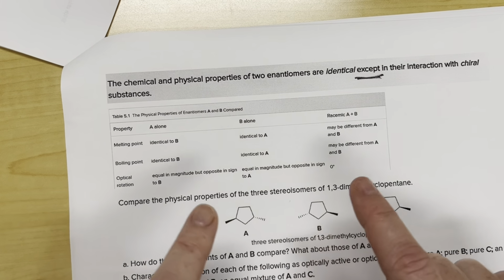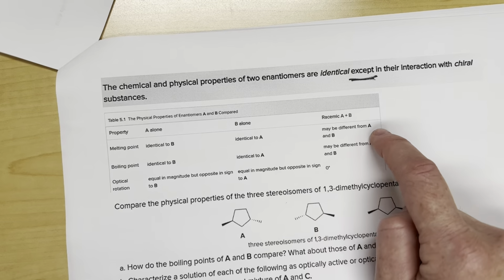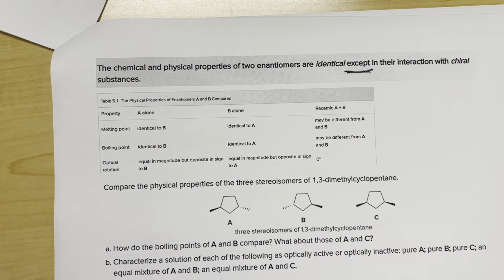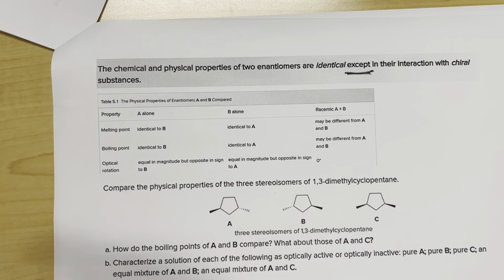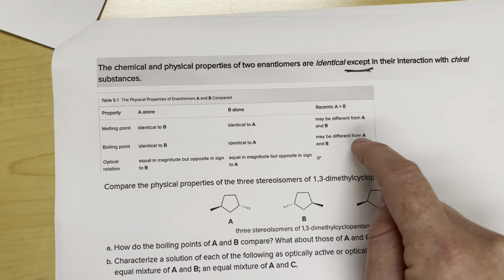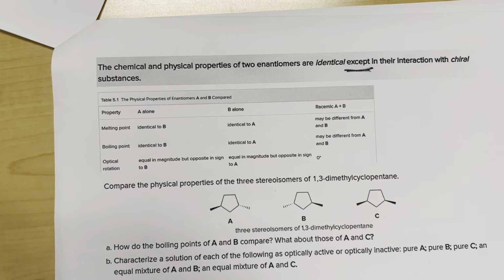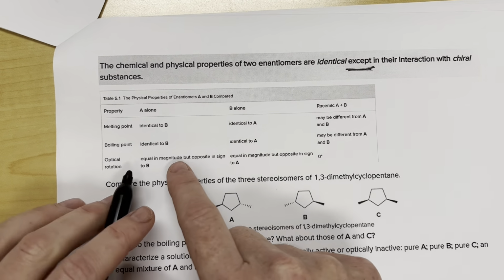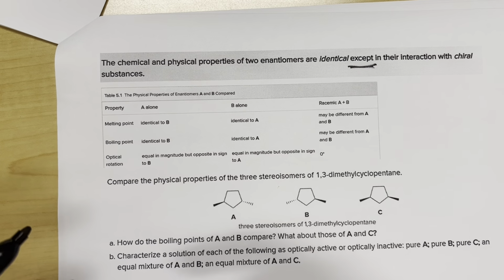All right, but if you have a mix of them, their boiling point actually might be different from if they were purely alone. This boiling point is the same as that boiling point, but if you mix them together, you're going to get a different boiling point. And in terms of optical rotation, remember we talked about, we can't tell if one's R or S, if it's going to be positive or negative.